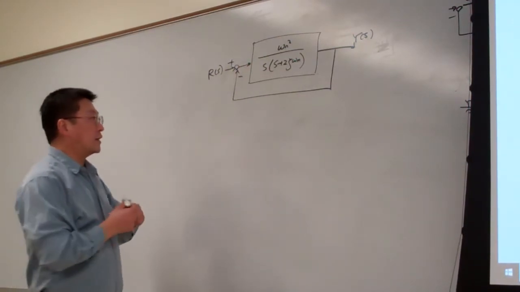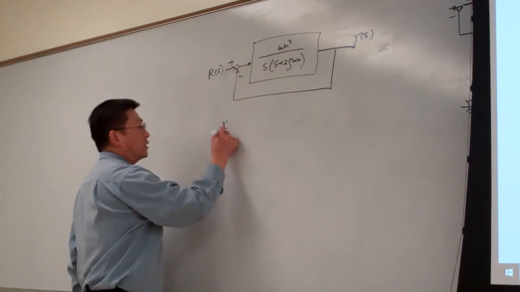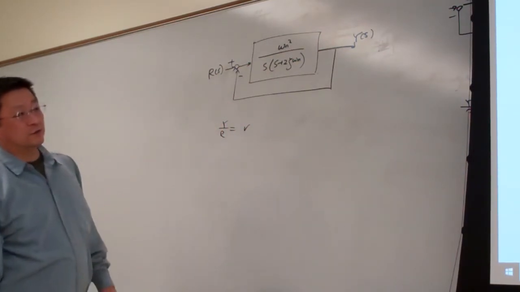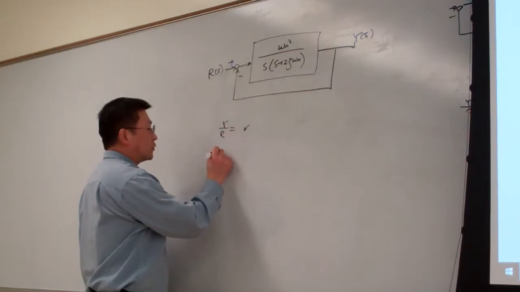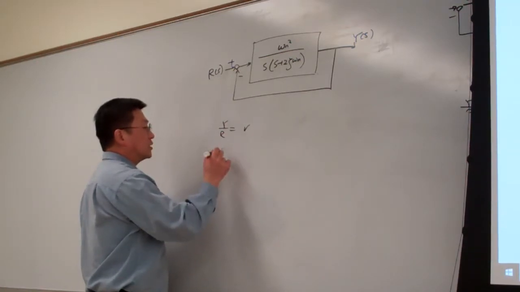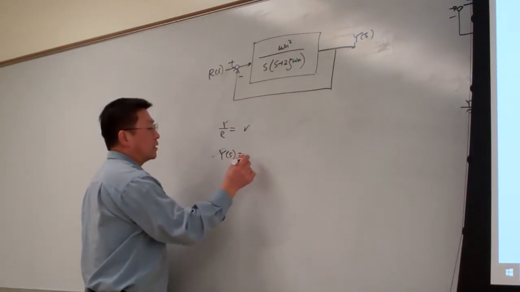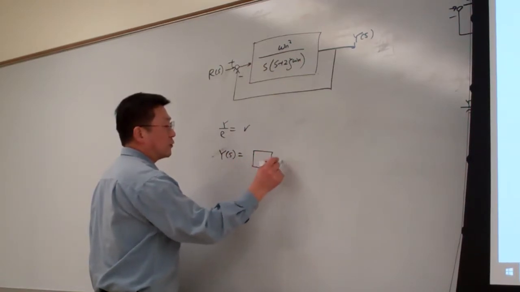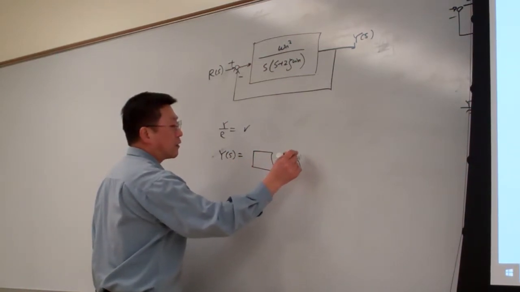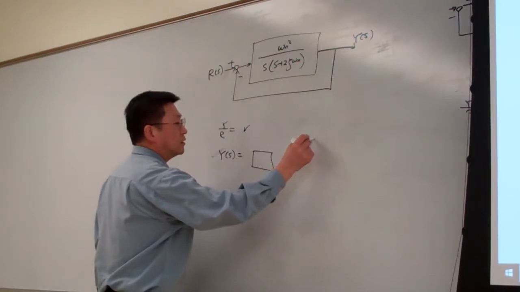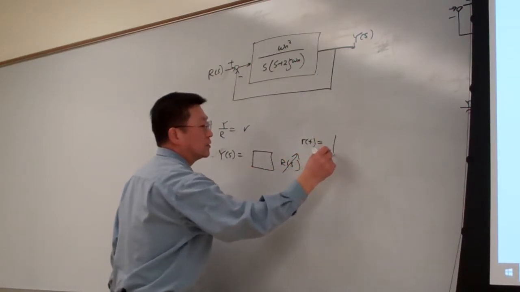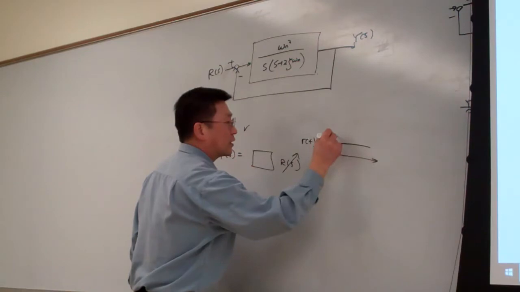What we study is y over r. We want to know the response of y corresponding to that transfer function multiplied with r, where r(t) equals the unit step input. That is t, and this is 1.